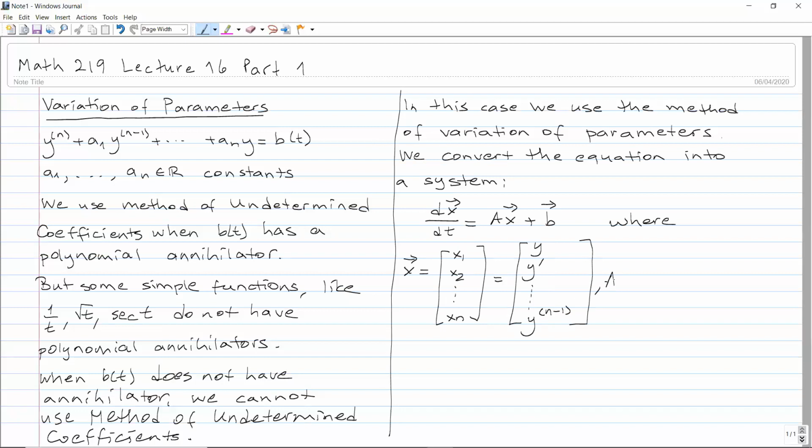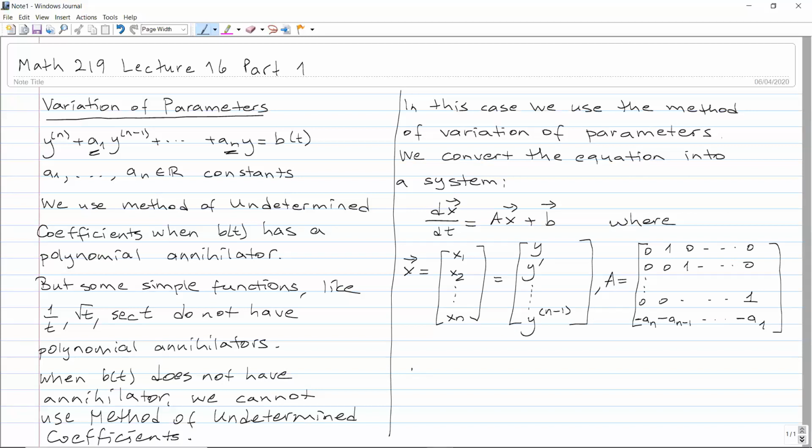In this case, the matrix A turns out to be 0, 1, and then zeros; 0, 0, 1, zeros; and so on, where the last one is 1. And in the last row, we have the coefficients, but we take them to the other side, and we start from minus an, minus a(n-1), down to minus a1.